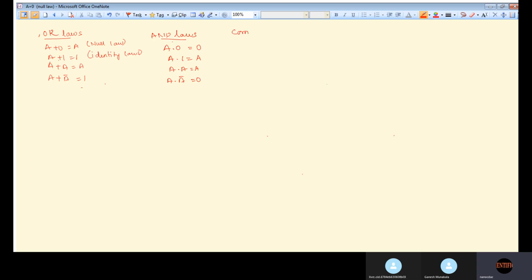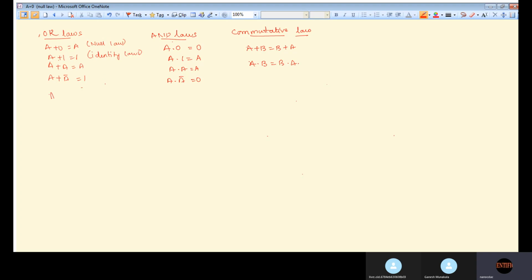Some important things I'm covering. So commutative law. What is this commutative law? a plus b is equal to b plus a, and the second one is a into b is equal to b into a. This is commutative law.